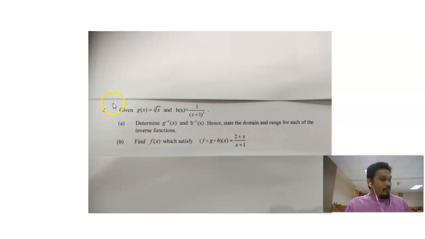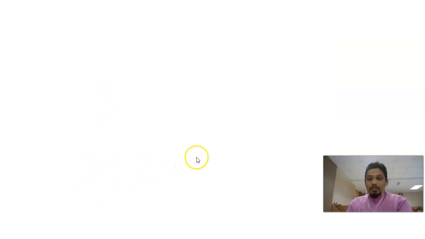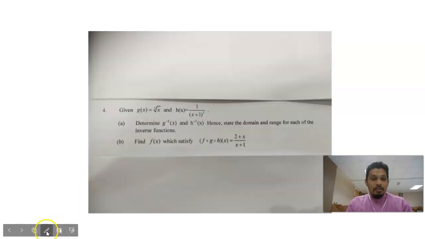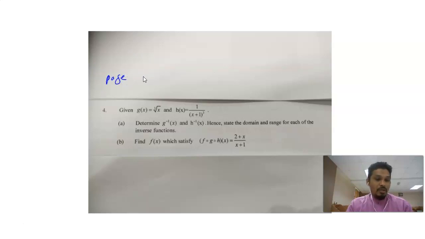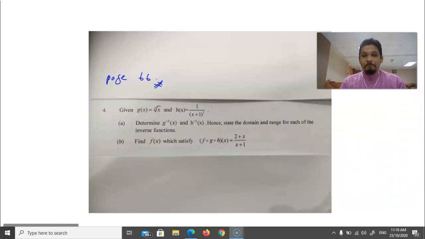From your tutorial book, turn to page 66. We call it the PSP question of function and graph. Let's take a look at the first one here.